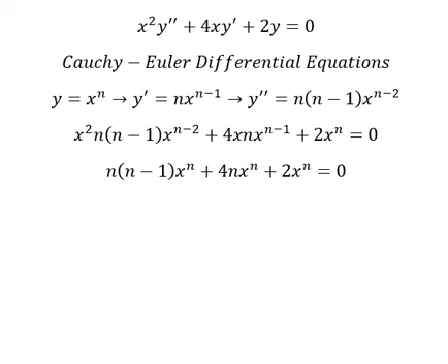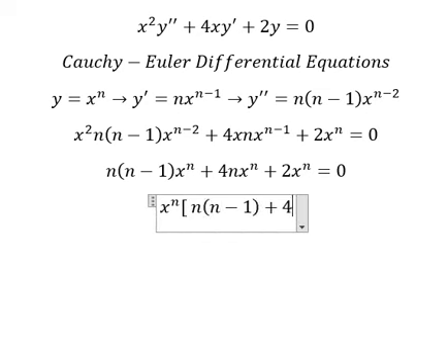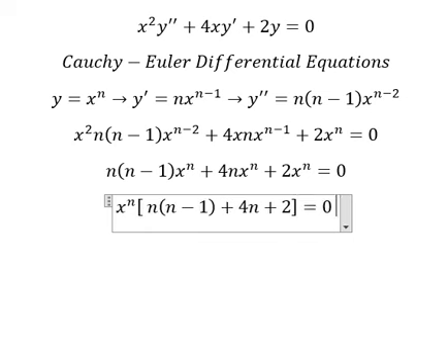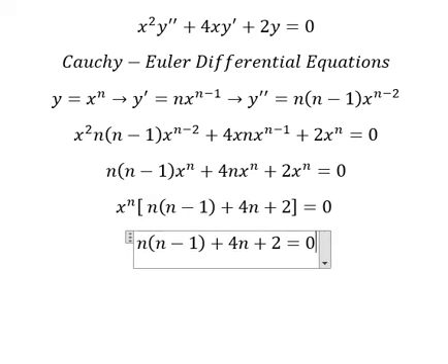And now we need to do factorization by s to the power of n. So we need to find the solution of this one. So this one we have n squared minus n.